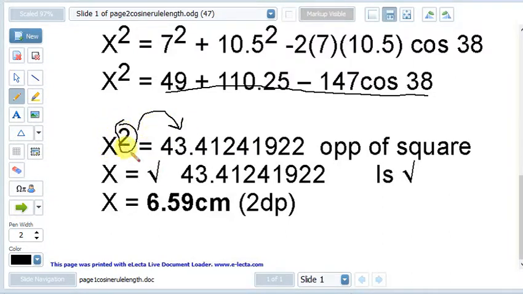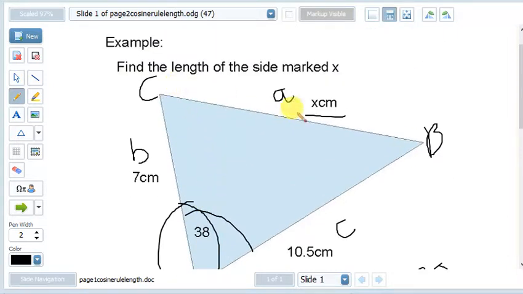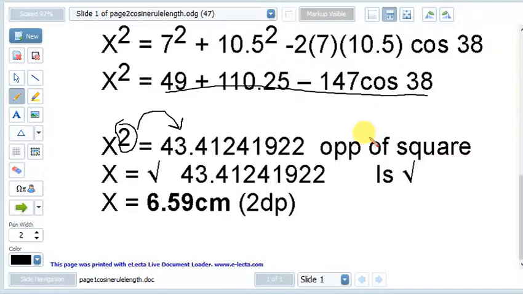And when we bring a squared across to the other side, it becomes the opposite of squared, which of course is square root. Now in this case we don't take the positive and negative values of the square root, because you can't have a negative length. A negative length doesn't exist, so we only take the positive length.